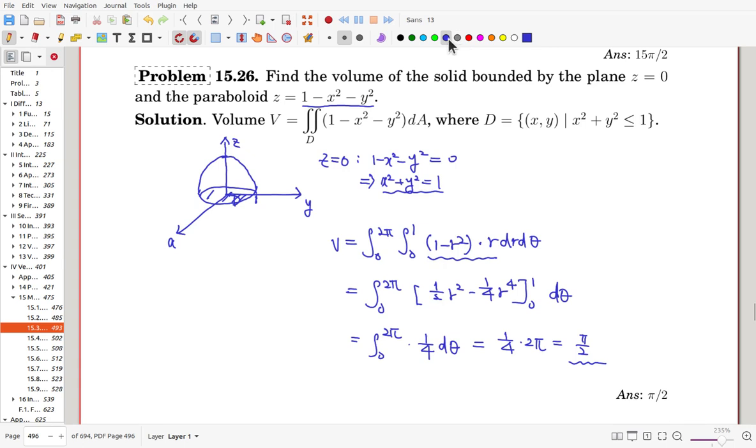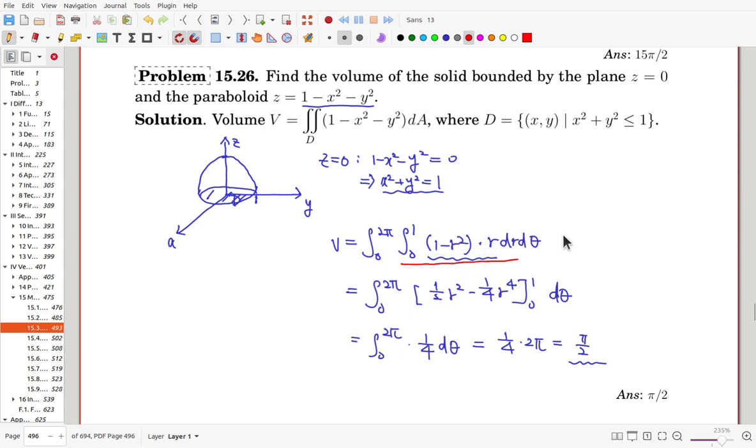That's the final answer. Now, from this integral, you may observe that the inner integral is theta independent, or you may think of this as a separable function.